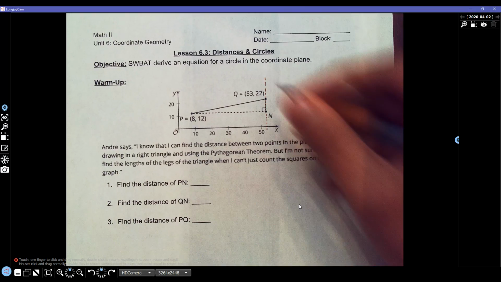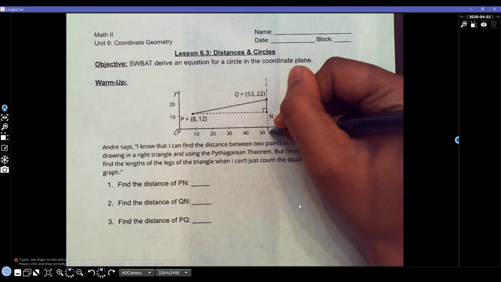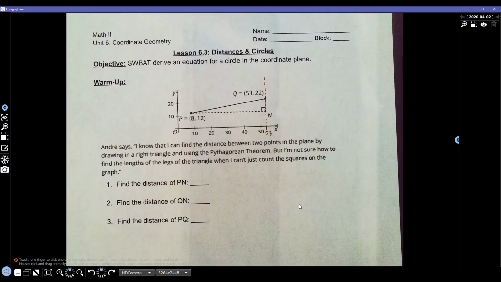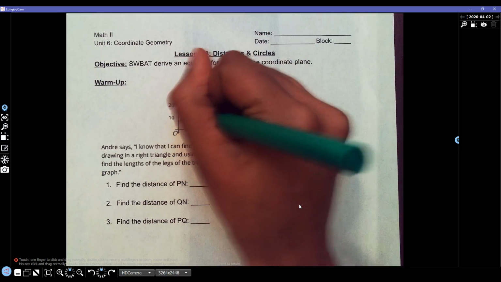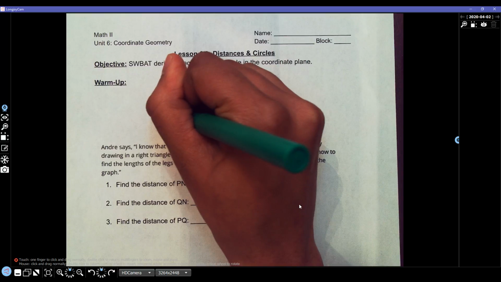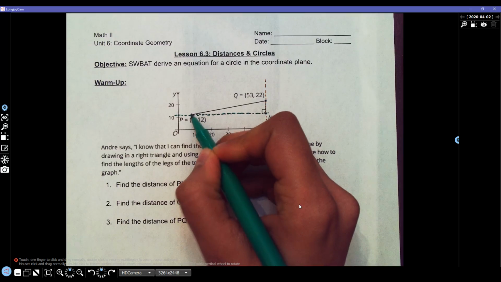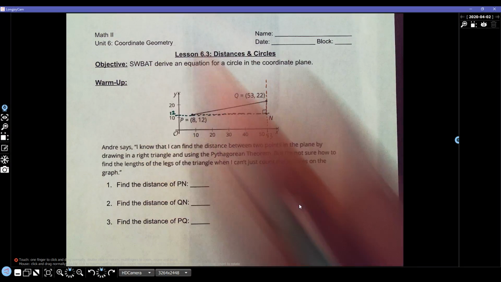Okay, so we know that the x-coordinate of point Q is 53. So we actually know that this value is 53 over here. And then if I extend this line, we know that this total distance here is 12. So I'm going to label this part over here as 12.